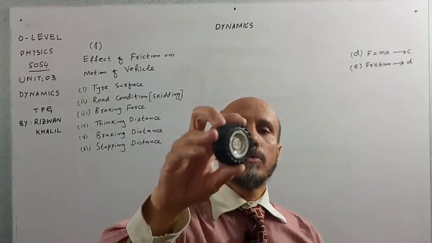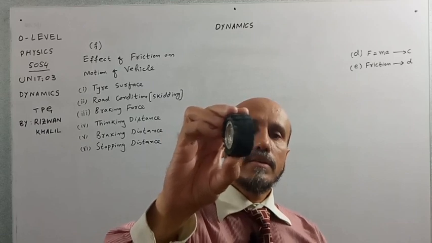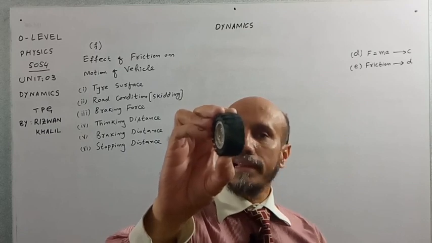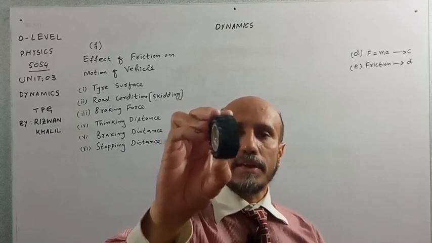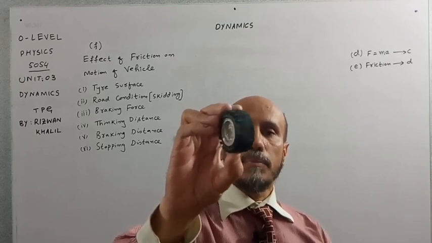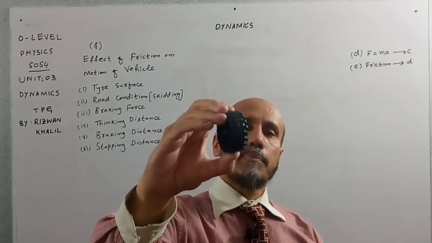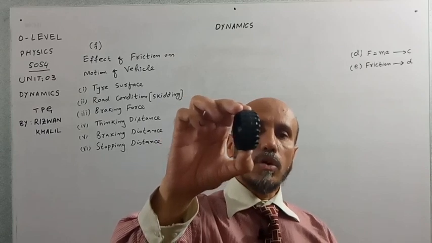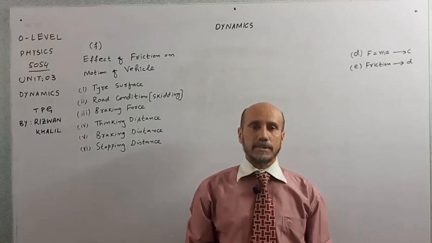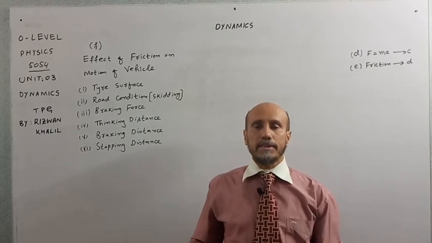While I am going to move the tire now in this direction, can you see the worn out part of the tire? Can you see it clearly? The worn out side of the tire. So this tire has two different sides. Number 1, worn out side, and number 2, having proper design or treads. Now we will discuss how these two types of tires are affected by friction while the car or vehicle is in motion.